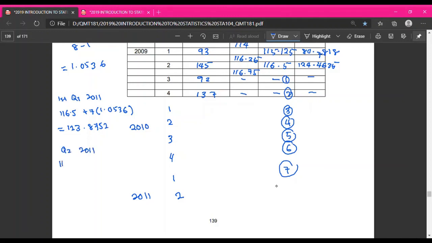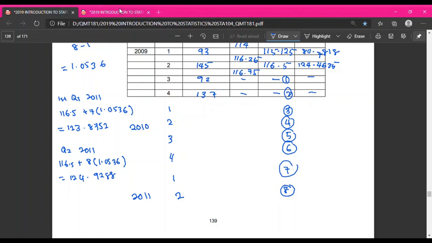Cara yang sama, the last trend plus dengan dia punya increment, tapi incrementnya untuk second quarter 2011 ni adalah 8. So 8 multiply trend increase yang sama. So it will be 124.9288.